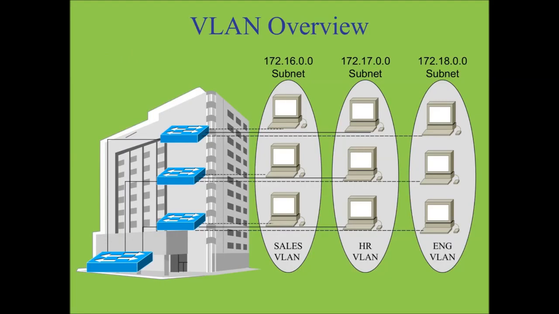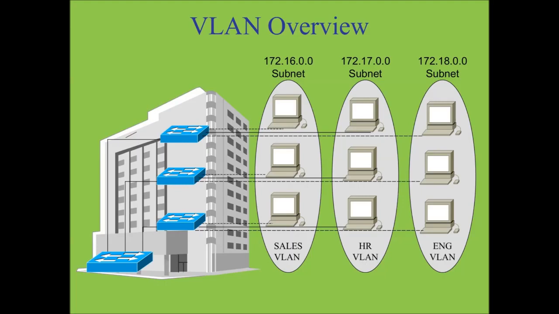A VLAN overview. In this diagram, you can easily see there are three subnets. On the left side is a large network, which is the local area network of an organization, and you can see different switches implemented in the local area network. So this is basically a single LAN.